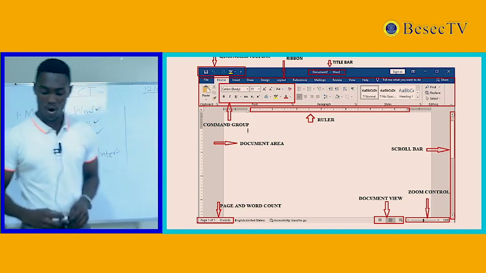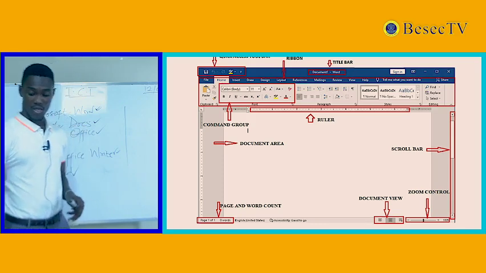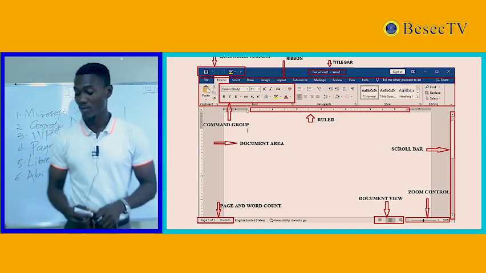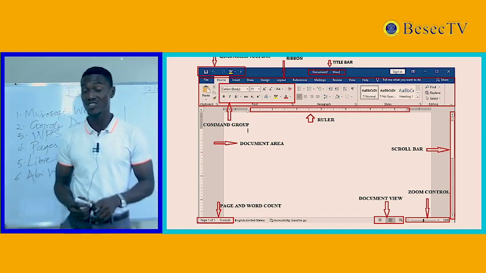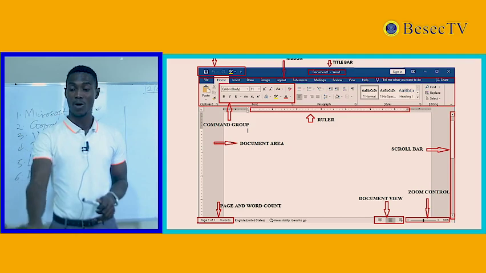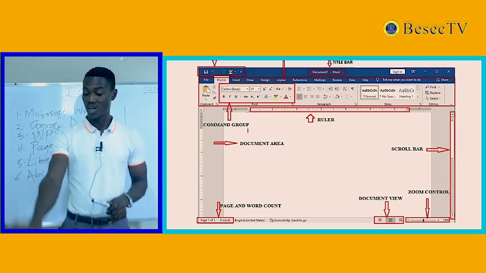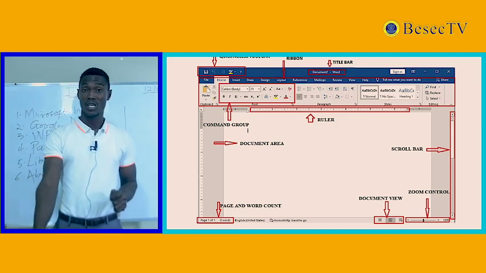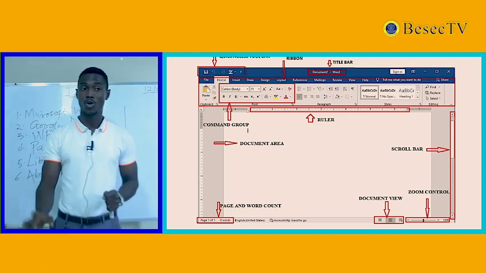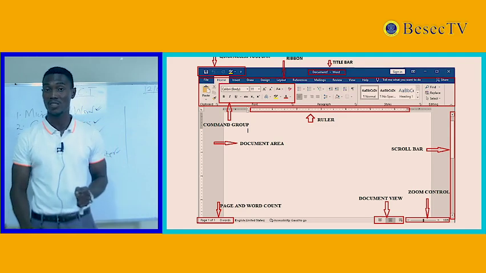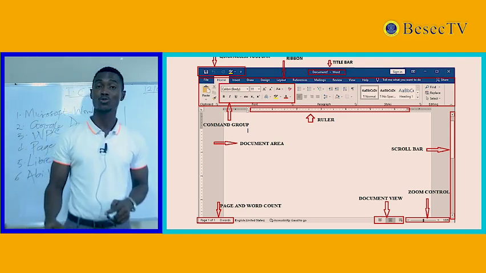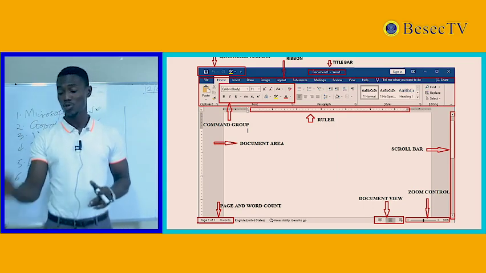So on this interface, you are going to see Document 1, which stands for the current name that has been given to this particular document that has been created. This is an empty document. It doesn't have any content at the moment. So from the first launch of the MS Word window, this is the default name that is going to be given to your document.